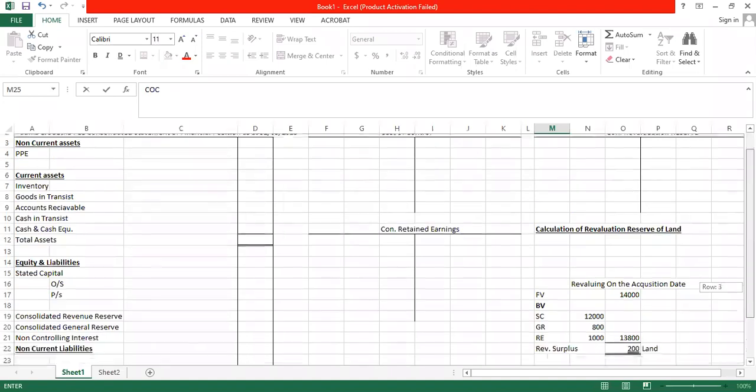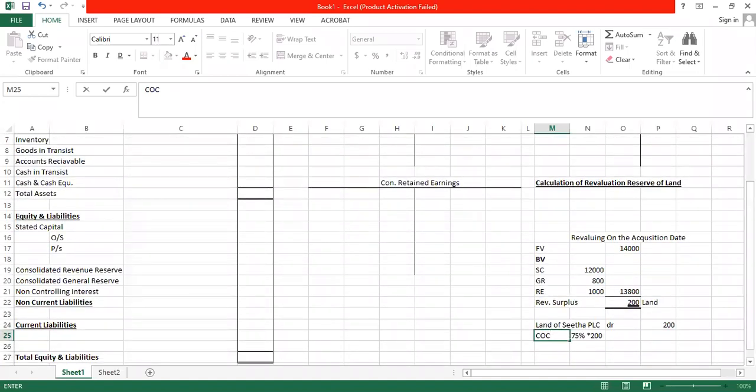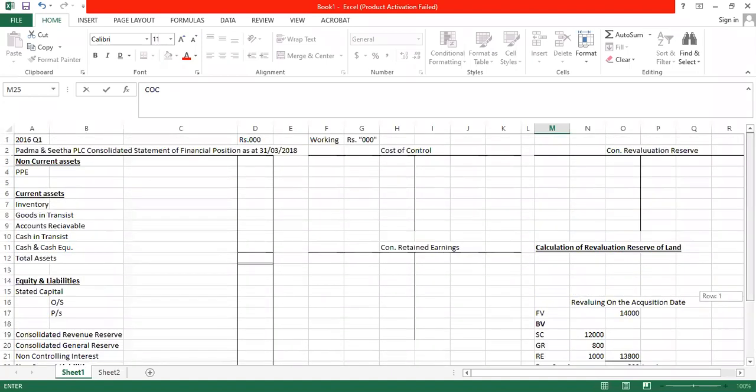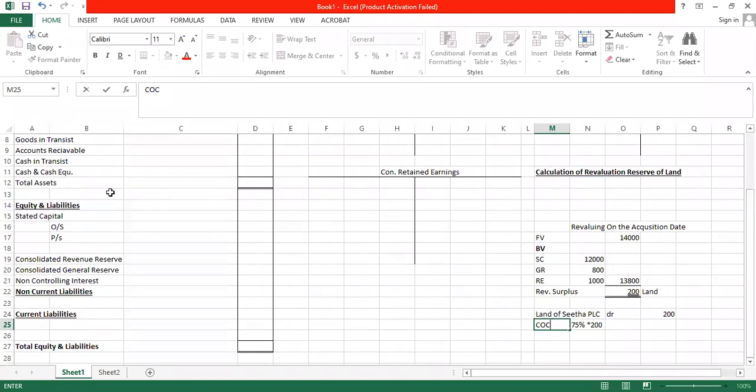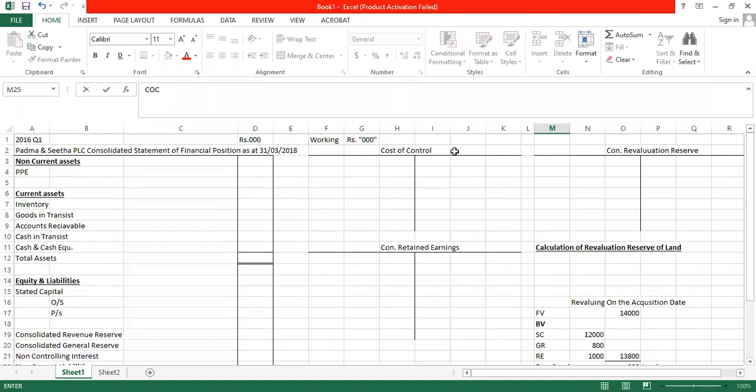If you remember the lesson I did last day, I told you that when you have to find out the goodwill when consolidating, we prepare a special account called cost of control. In this cost of control, you debit your investment or the purchase consideration.